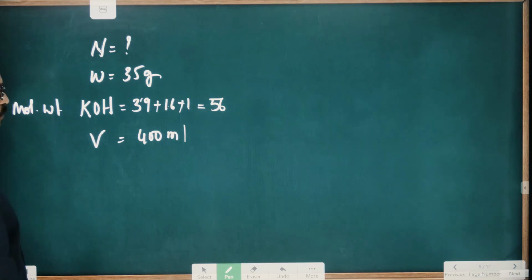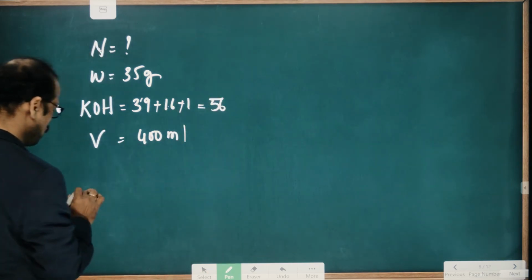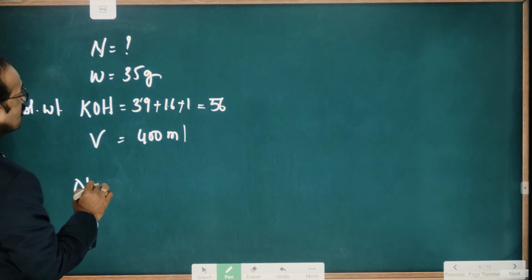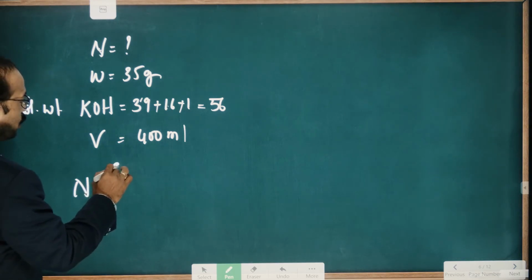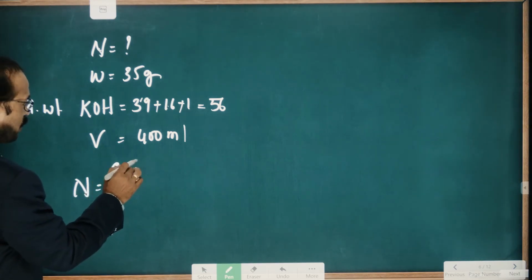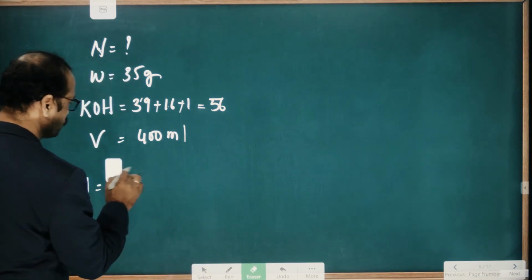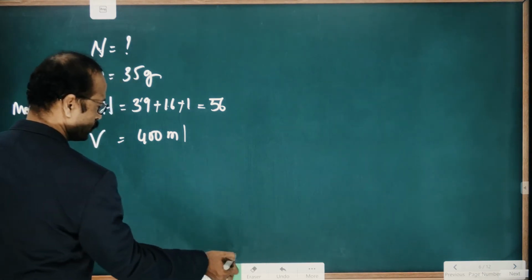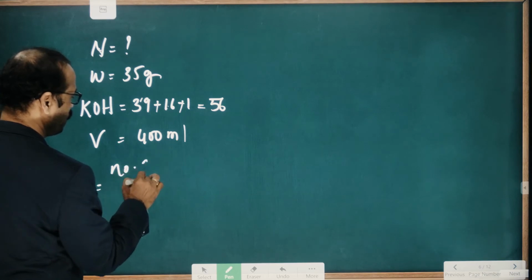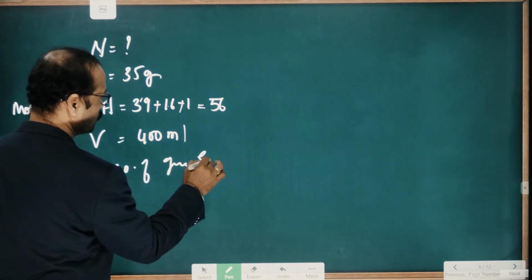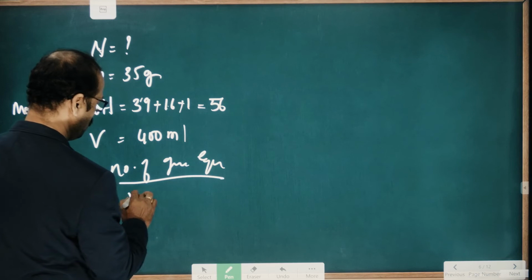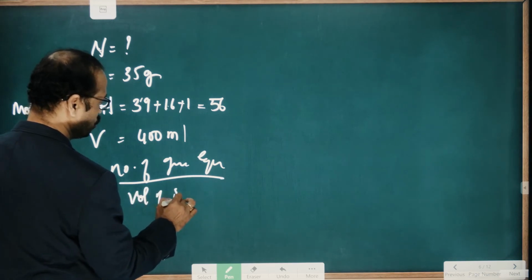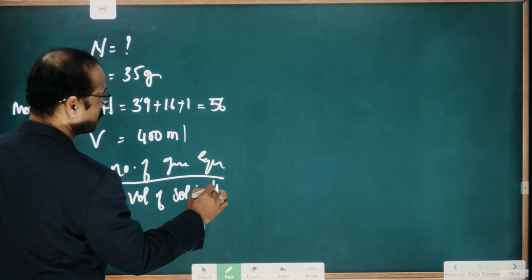Then you need to write the formula of normality. Normality is equal to number of gram equivalents by volume of solution in liters, right?